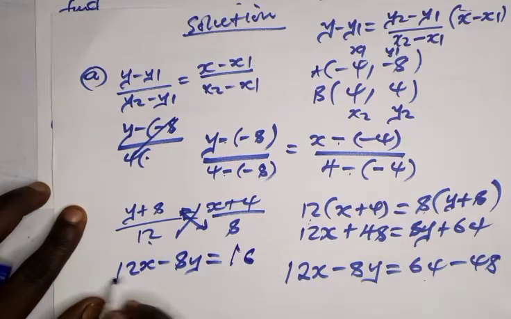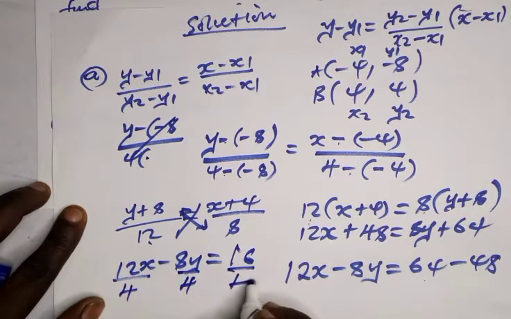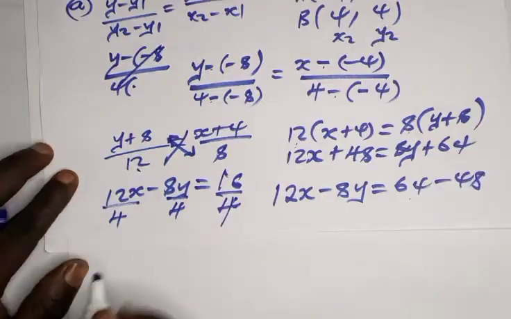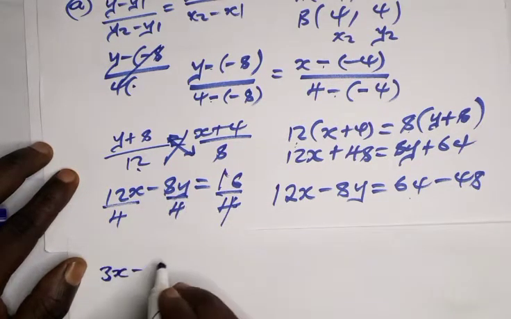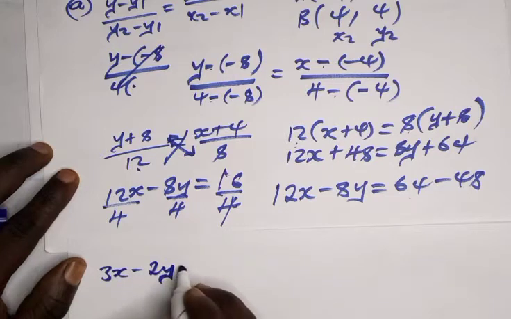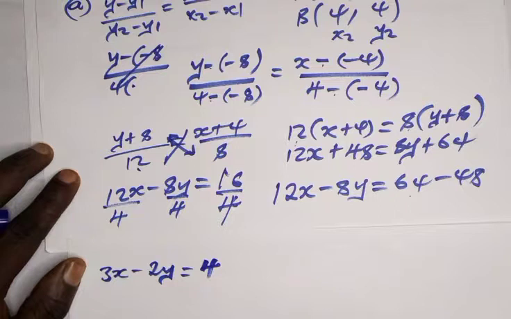Then here we are going to divide by 4, because 4 is common. 4 into 12 is 3x, minus 4 into 8 which is 2y, equals 4 into 16, which is 4. So this is the first equation.